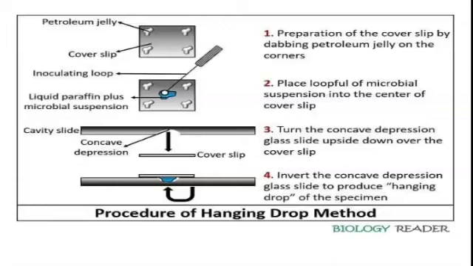So the bacteria will be moving inside this. So you can have a clear visualization of the bacterial motility. Clear? So this is how we do the hanging drop method, especially in case of understanding the motility of the microorganism, and we do it very commonly in case of Vibrio cholerae.